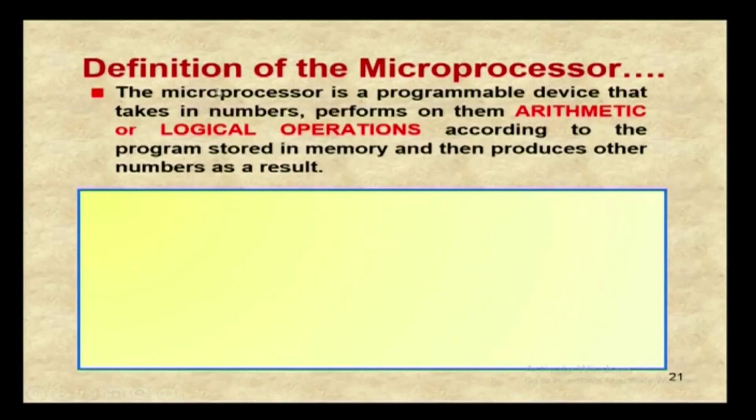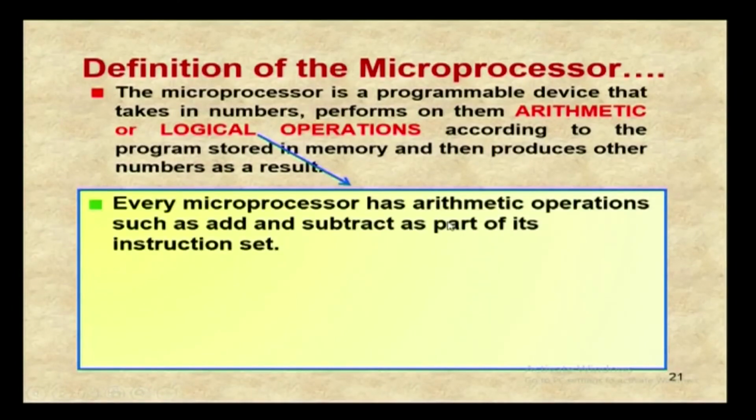Then again I am repeating the definition. It performs arithmetic or logic operations. What is meant by arithmetic and logic operation? Arithmetic operation means addition and subtraction; the 8085 cannot do multiplication and division. Other, later processors can do multiplication and division also.